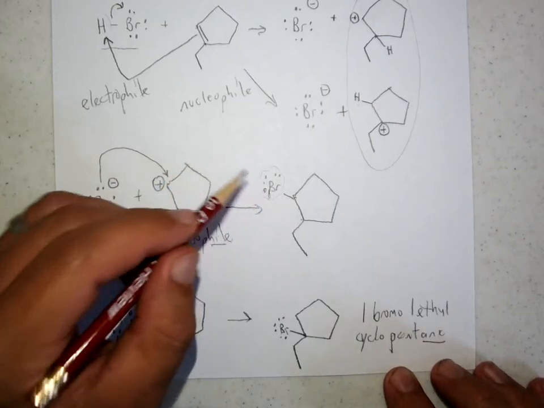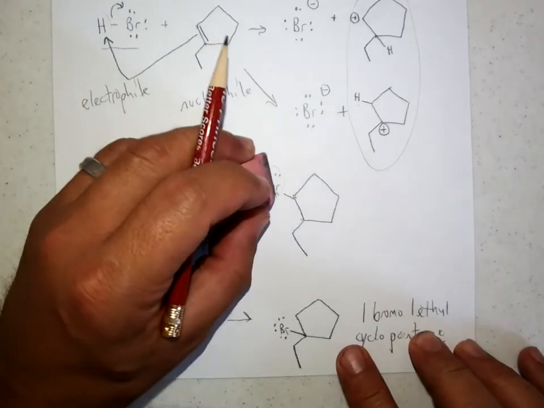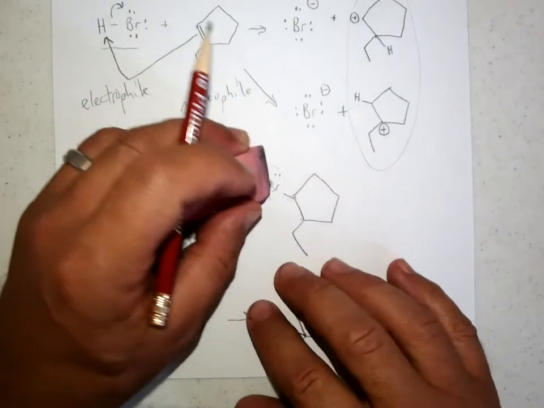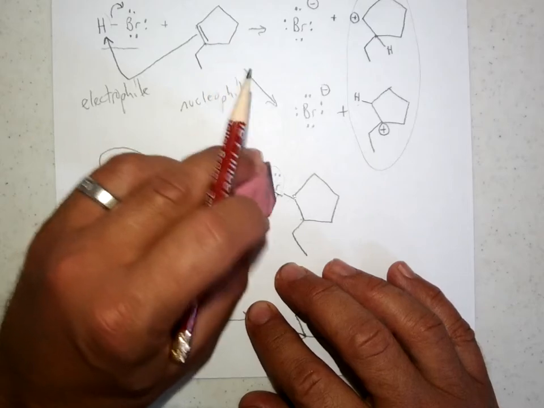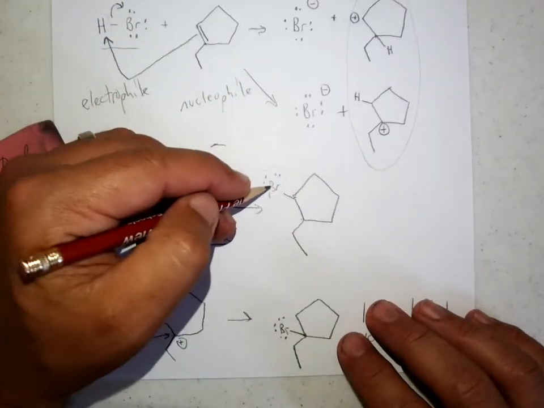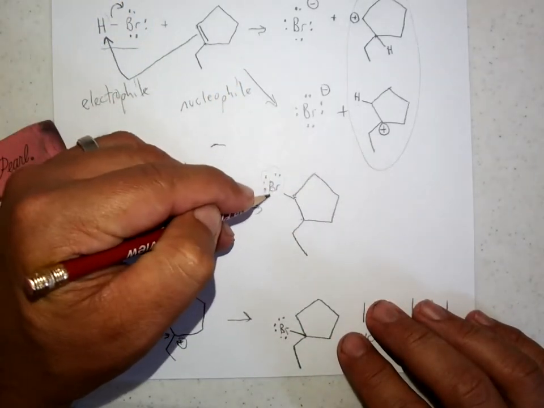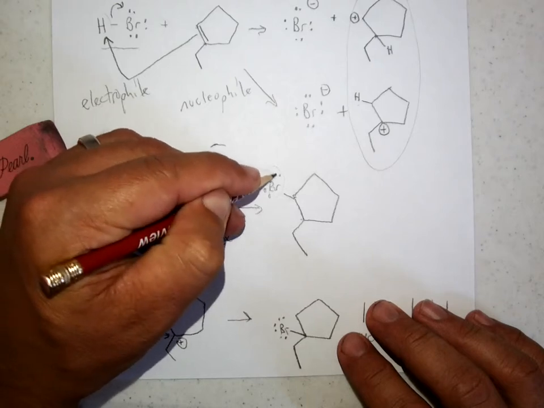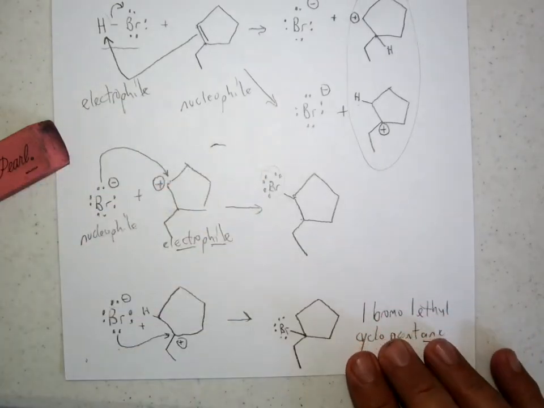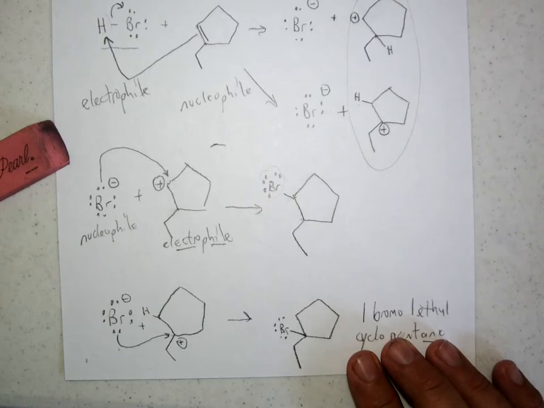One of these dots became detached from the bromine, so let me clear that up a little bit so you can see there's 3 lone pairs on the bromine. It's a good thing to review your work when you get to the end, make sure it's making sense to anybody that would look at it.